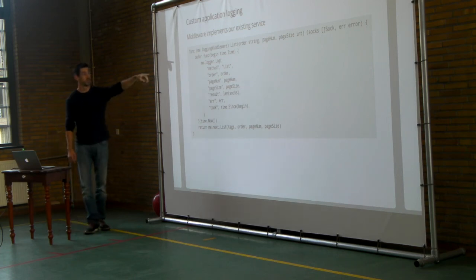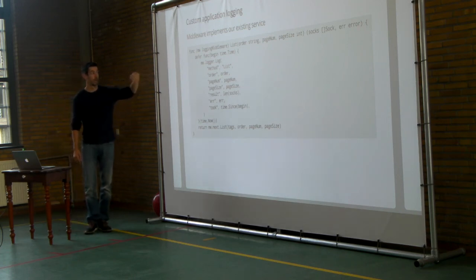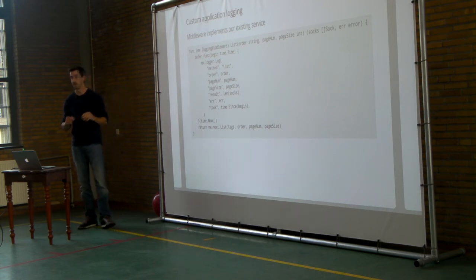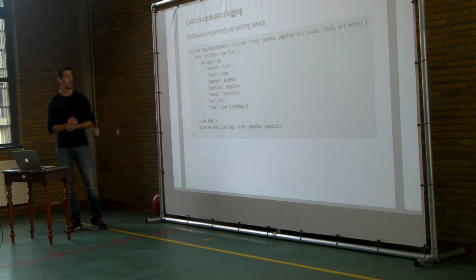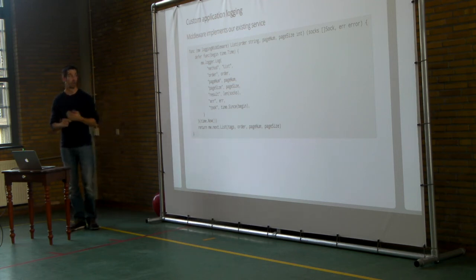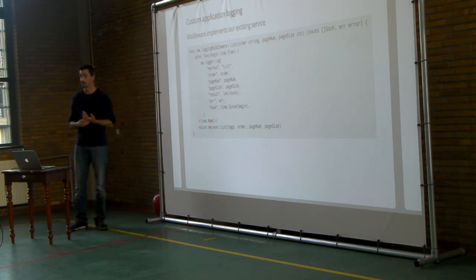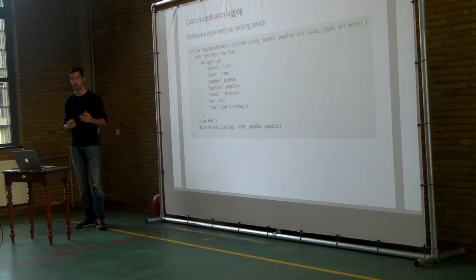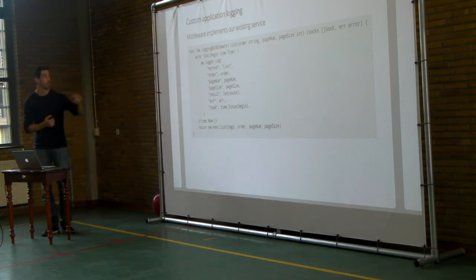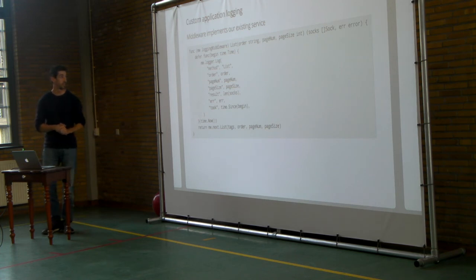So we can see here the same list method that we had defined. It implements that, and that allows us to get inside and have access to all of the application level details. So we're not just logging request and response time and standard metrics, but we actually have access to, in this case, the requests and the responses to log specific or interesting details. And we would do this optionally for each of our methods.